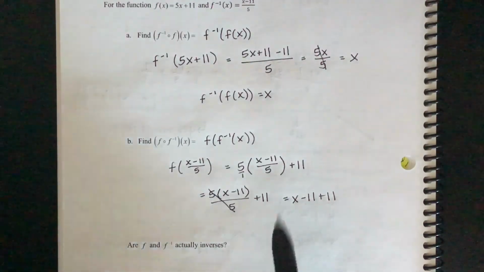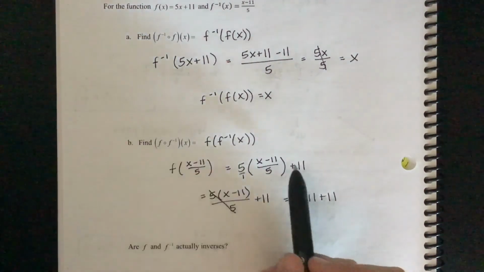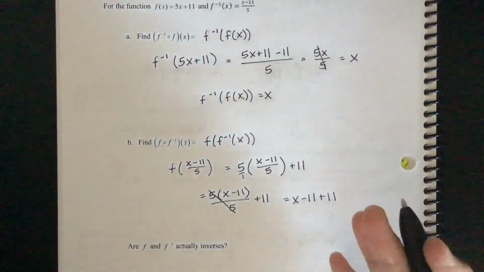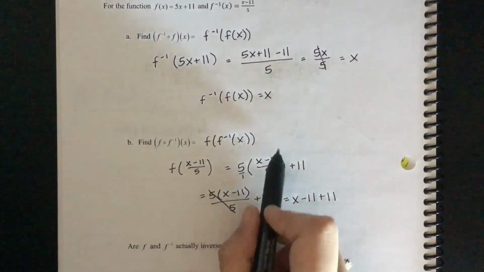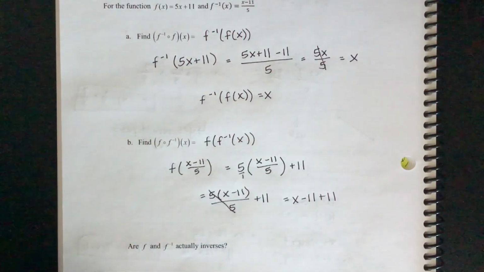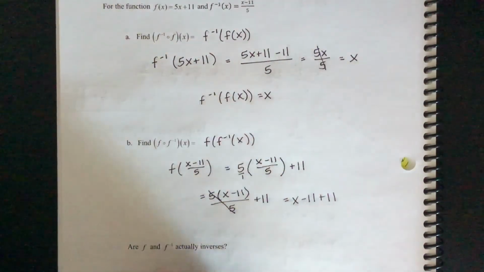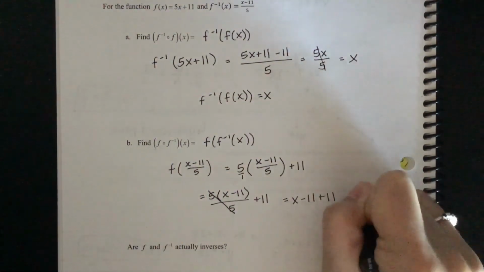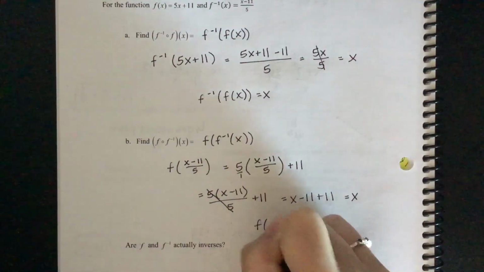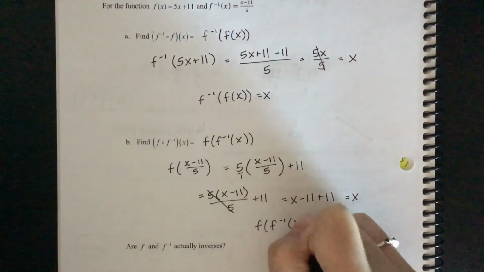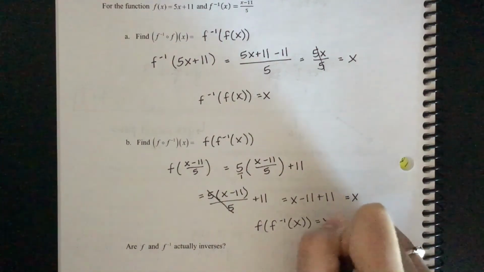Now, if you did the 5x minus 55 over 5 plus 11, that's fine. You would simplify your 5x, you would simplify your 55, and you would get x minus 11 plus 11. Or you could just do this. Negative 11 plus 11 is x. So we have now proven that f of f inverse of x equals x.